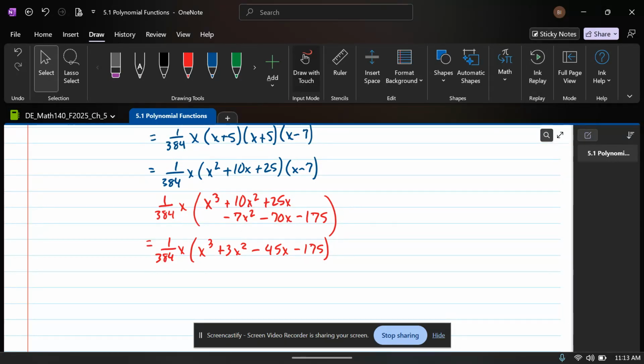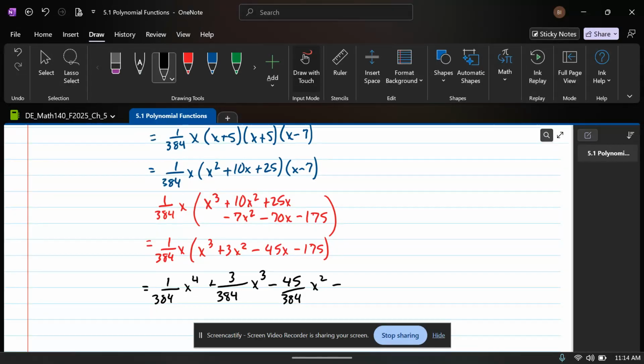And then multiply that out. So we're just going to get fractions there. 1 over 384 x to the fourth plus 3 over 384 x cubed minus 45 over 384 x squared minus 175 over 384 x.